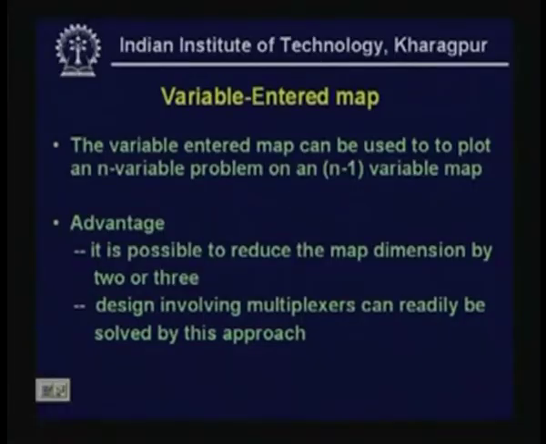See why another variable entered map, normally called the V map, is needed. The Karnaugh map we have read is very well suitable for a 6 variable function. If it is more than 6 variables, then to draw that is cumbersome.